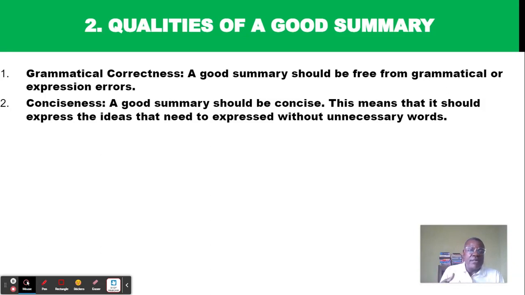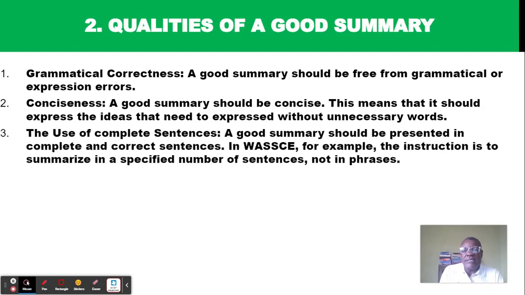They are called irrelevant, extraneous, or unnecessary material. So a good summary should be concise. It should express the ideas that are needed. And then these ideas should be expressed without including unnecessary material. So that is exactly what conciseness is about.